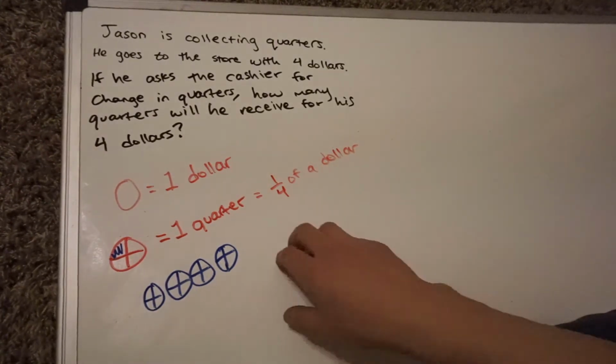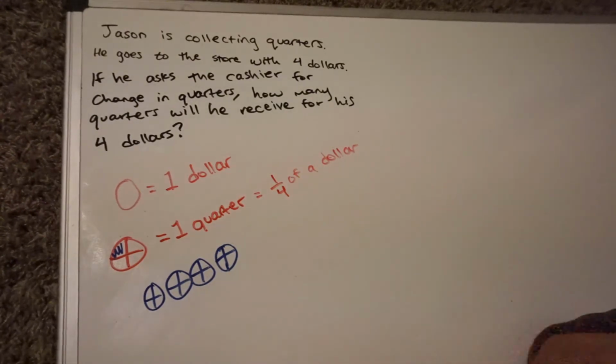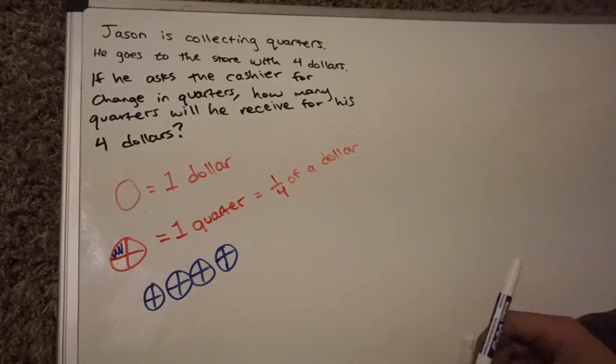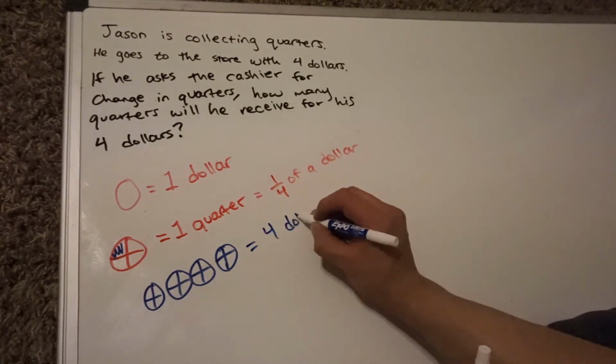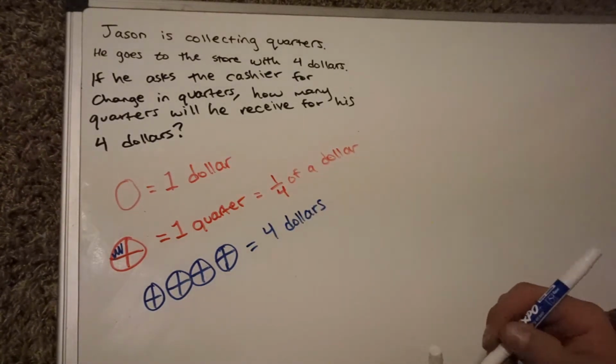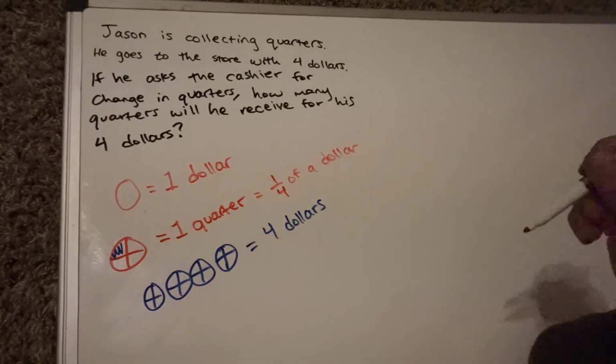Based on our knowledge here, we know that one of those 4 equal sized parts represents 1/4. So all we have to do now is count. That equals $4. All we have to do is count how many quarters are in these $4.